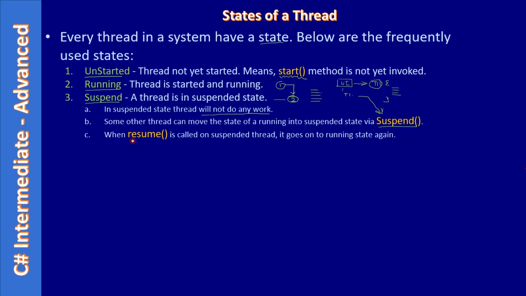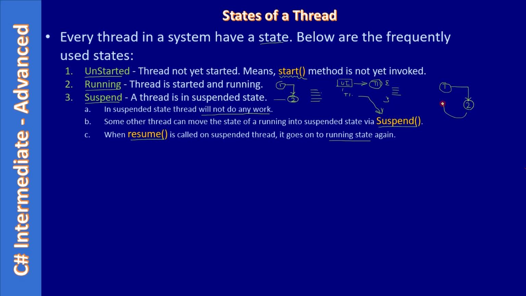When resume is called on the suspended thread, it goes back onto the running state again. So if you see, state 1 is the running state. From 1 it can get to the second state called suspended.